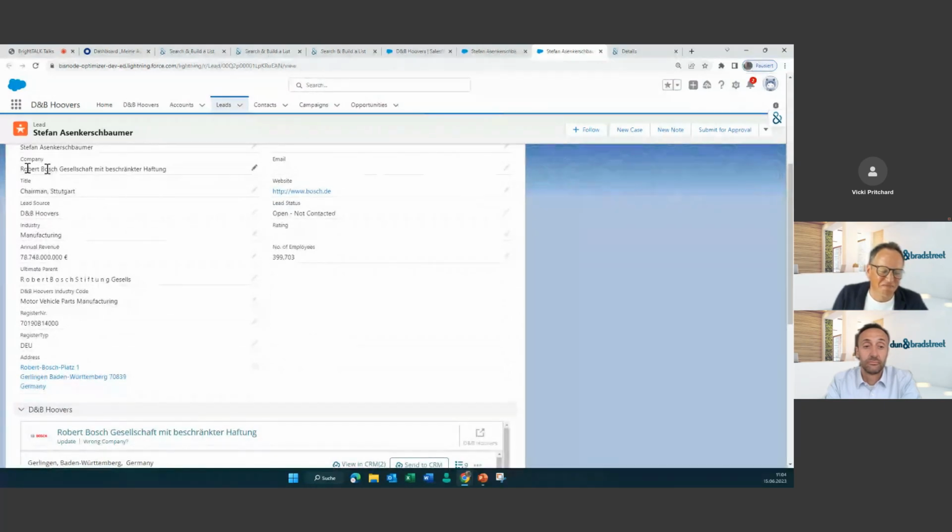Normally it takes 10 minutes, 30 minutes, maybe an hour to fill all those fields. What's the right company spelling? What is it doing? To whom does this company belong? How big is it? And what's the VAT ID, for example?